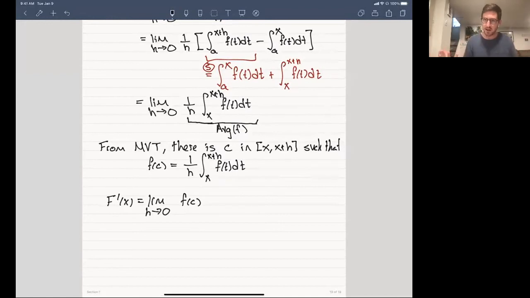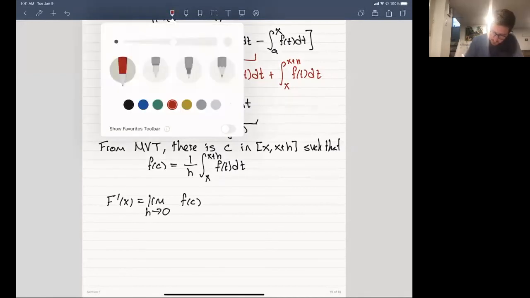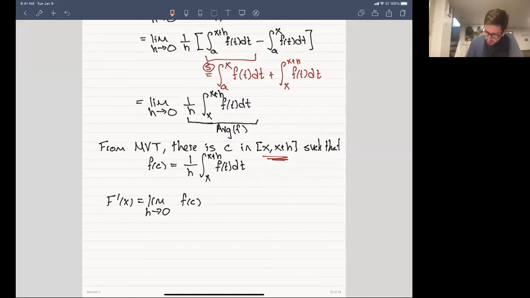That's always the biggest headache when you're doing these derivative problems. So here's what happens. c belongs to this interval right here, x to x plus h. So what happens as h goes to 0? Well, this interval collapses down on itself, right? Eventually there's only one point left in there, x.